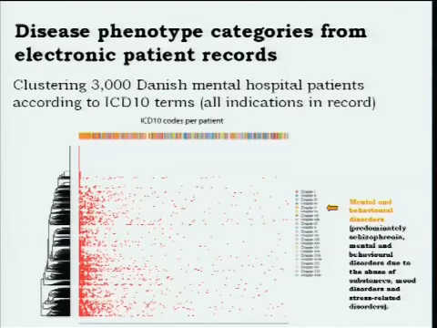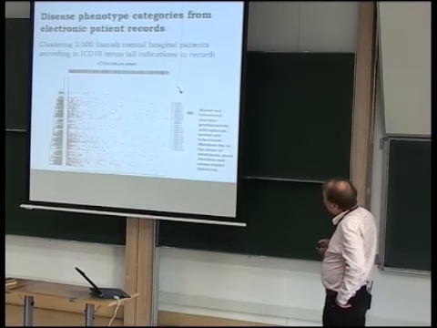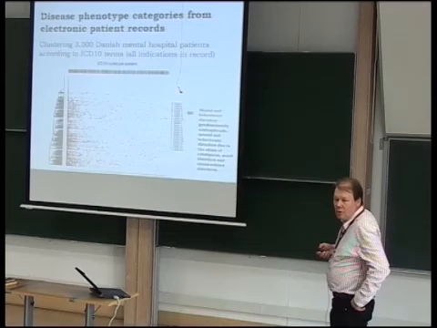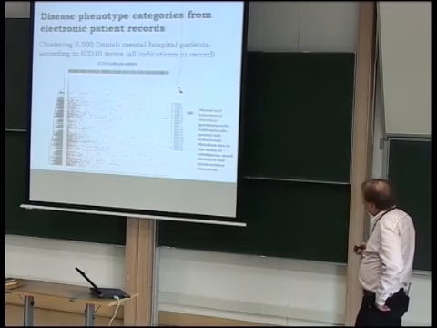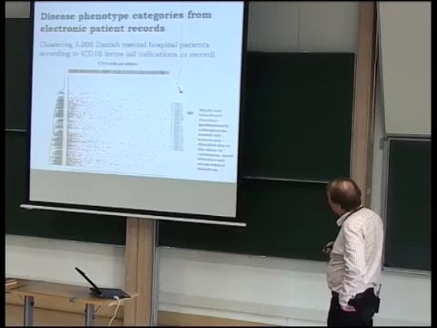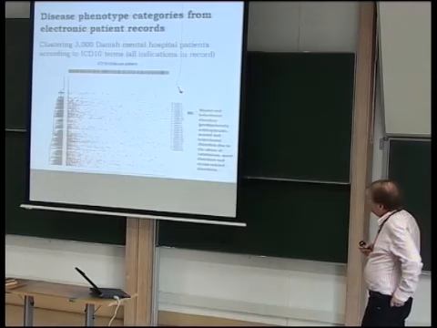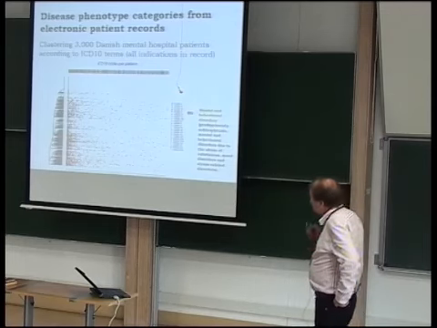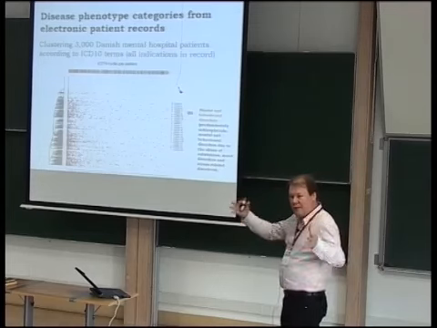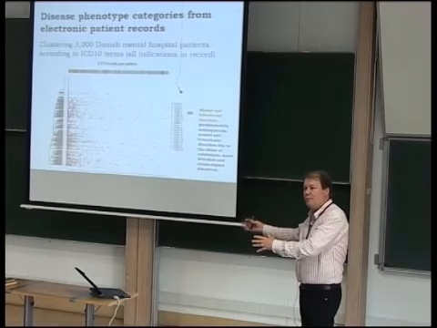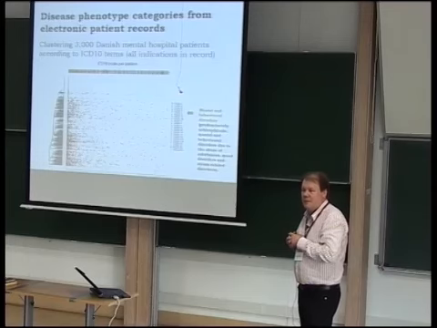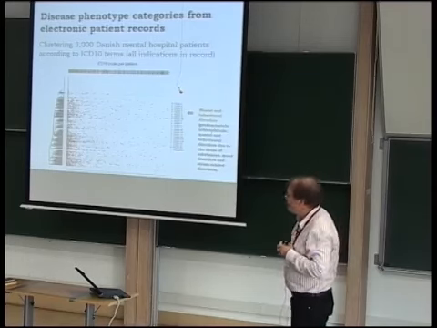This set of records here, actually, we had 6,000 records from the largest Danish mental hospitals, and only in 3,000 of them we had ICD-10 terms. So one task here is actually to take the electronic patient record and then predict the disease classification from the text.